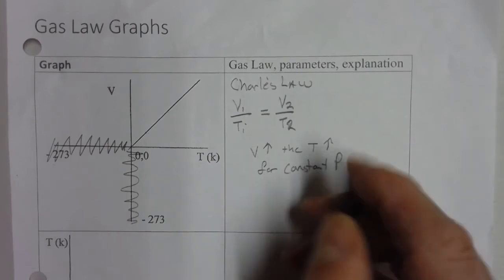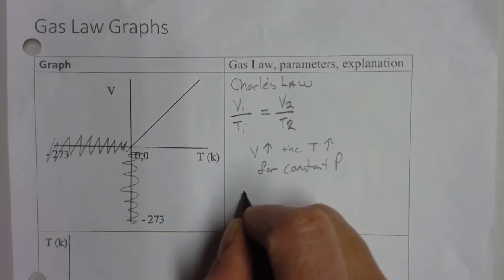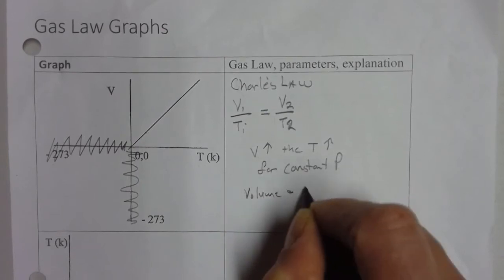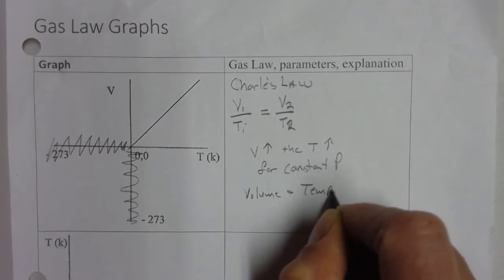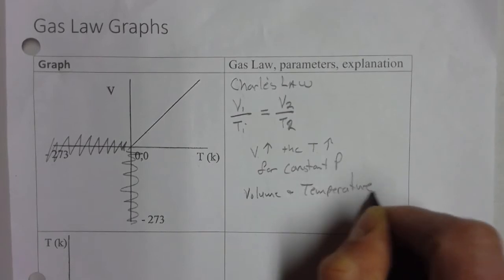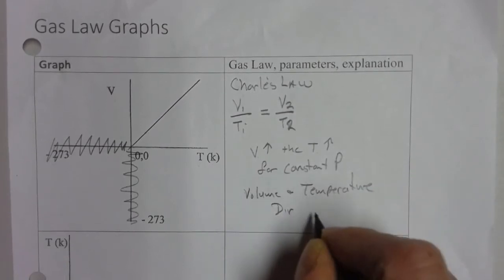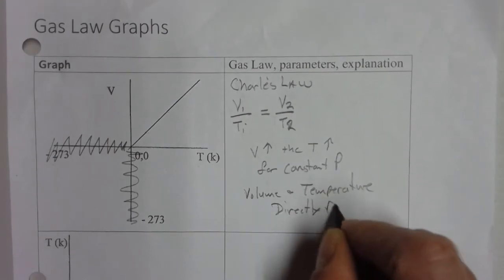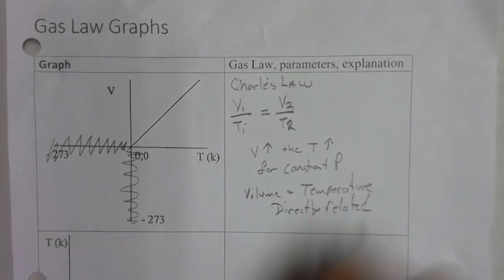Volume and temperature are directly related. We could write that down too. They're directly related. Okay, that's our first graph, Charles' law.